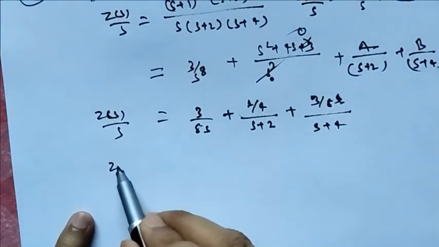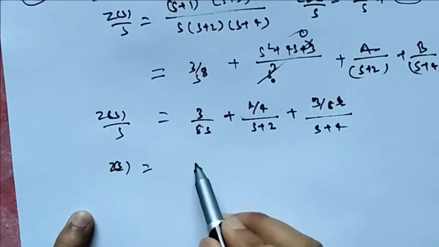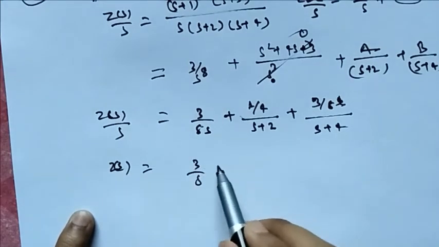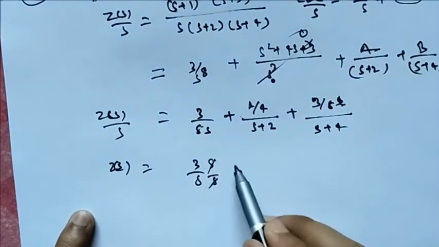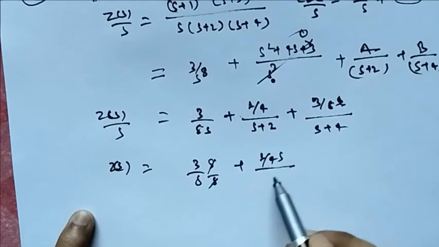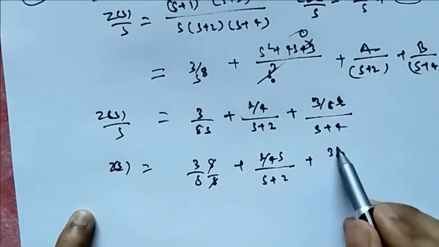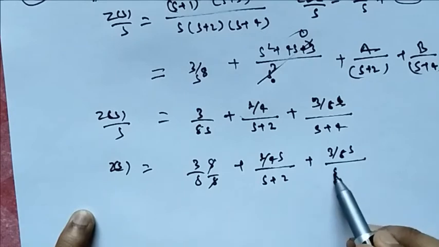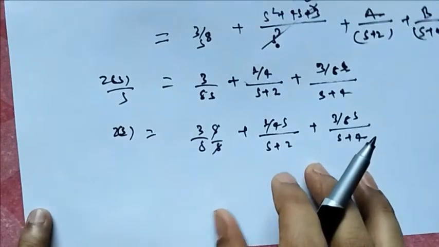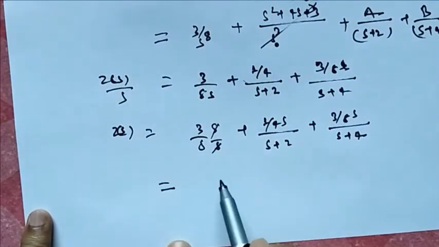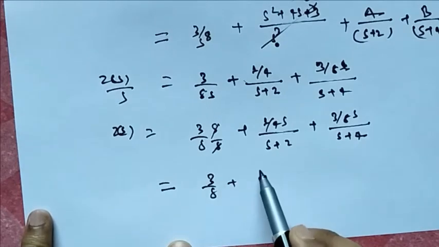Now ZS will be 3 by 8; the S and S will get cancelled, so this will be 1 by 4 times S over S plus 2, and 3 by 8 times S over S plus 4. Now, making it in simpler form, it is 3 by 8.